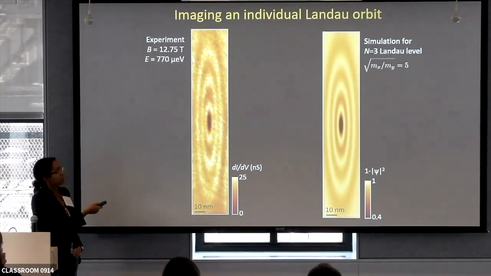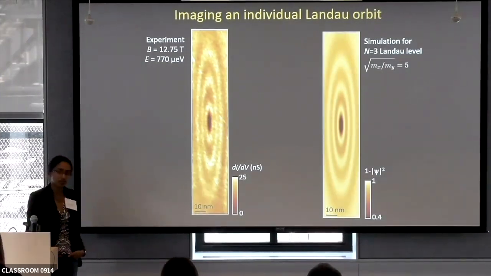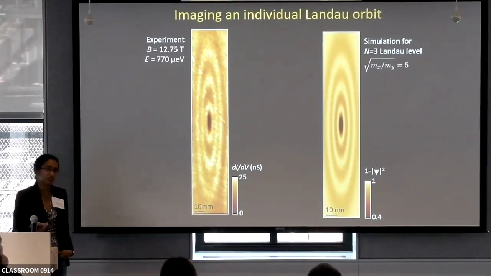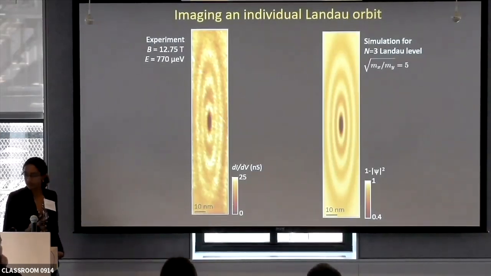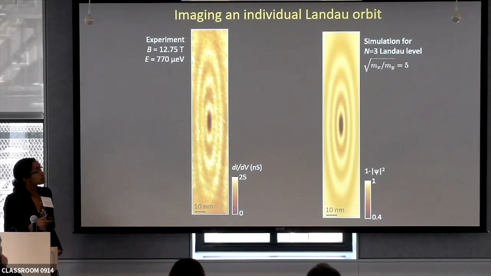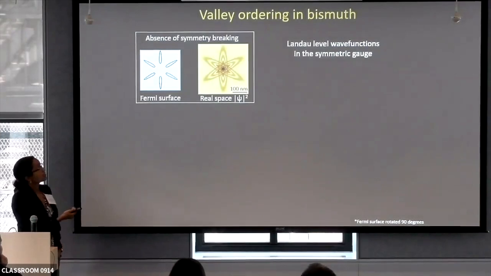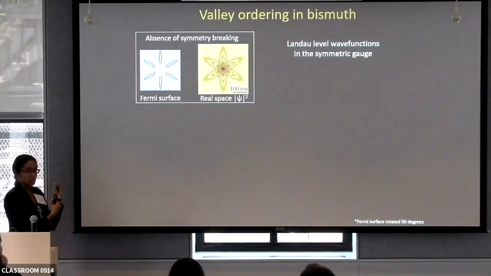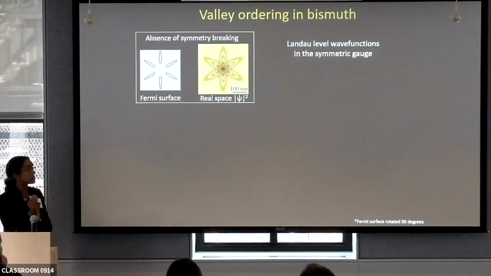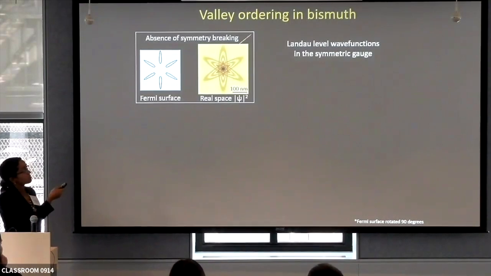And this value matches well to what's expected for the Bismuth Fermi surface as measured with ARPES and other experiments. So up to now, what we've been able to do is, in the absence of any symmetry breaking, if we have a Fermi surface in momentum space that has these 6 pockets, then we expect the real space Landau level wave functions to have ellipses with these 3 directionalities superimposed upon one another.